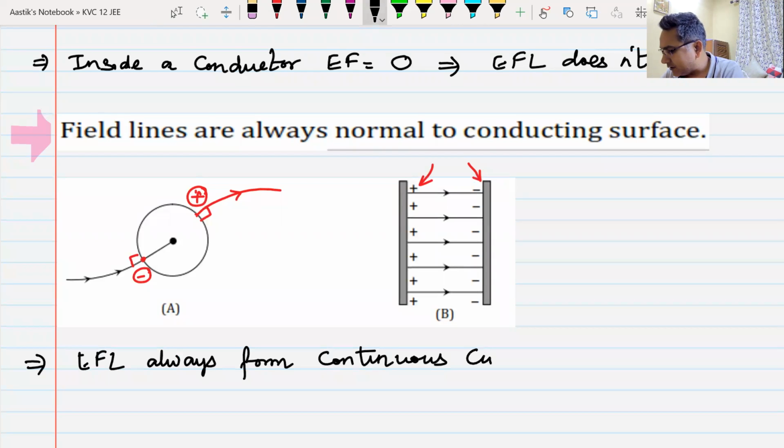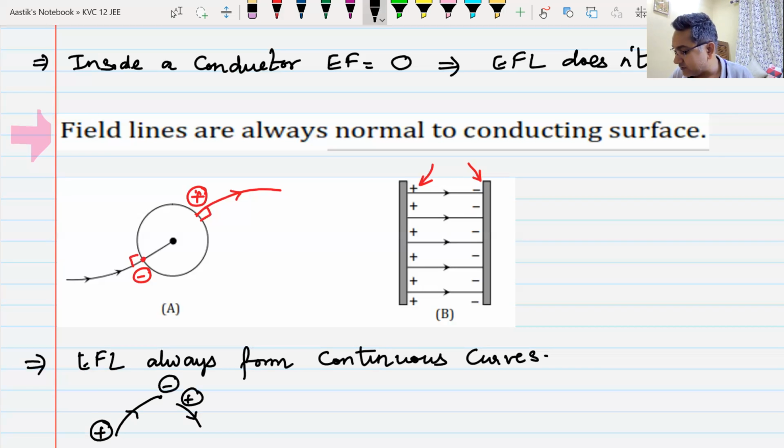Whenever they are ending, there is a negative charge. They will always start if there is a positive charge. All of a sudden, they cannot disappear. You cannot draw an electric field line like this, then disappear and start drawing it from here. No, you cannot draw it like this. If it is ending, there must be a negative charge. If they are starting, there must be a positive charge.